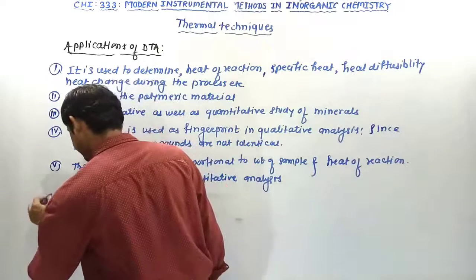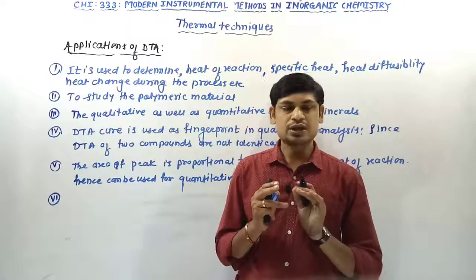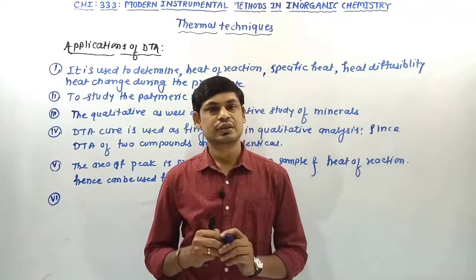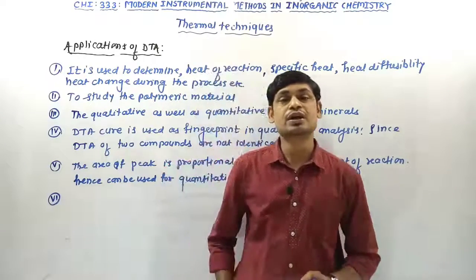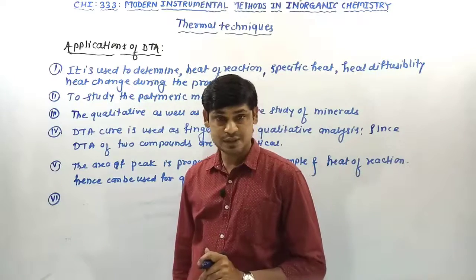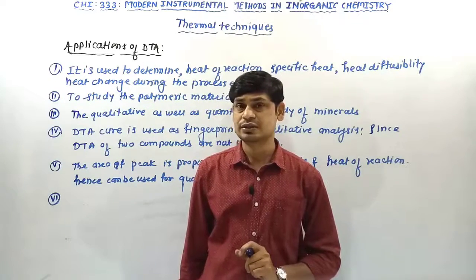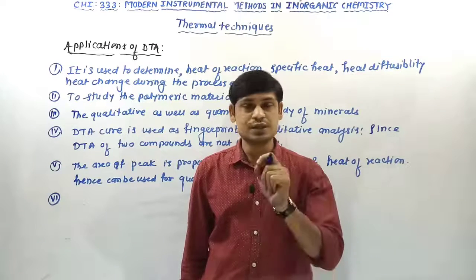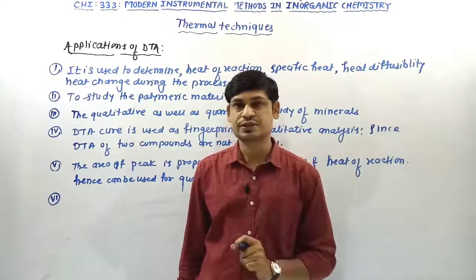Next, it is used to check the thermal stability also. Thermal stability of coordination complexes, because we know that in coordination complexes two spheres are there. One is the ionization sphere and the second is the coordination sphere.